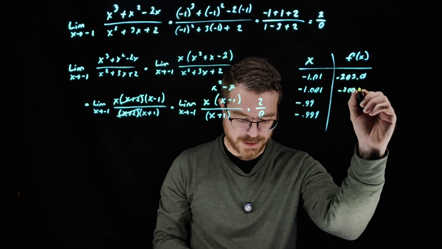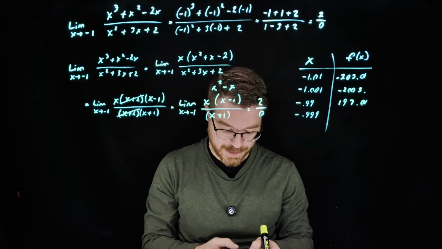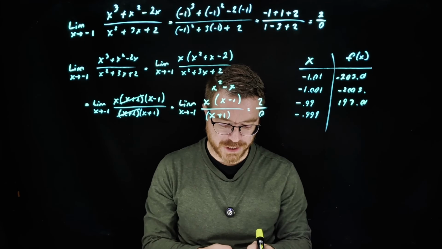Okay, now what about if I plug in values to the right? So I'm going to plug in negative 0.99, and I'm going to get 197.01. And then I'm going to plug in negative 0.999, and that should give me enough information to see what the behavior is to the right and to the left.